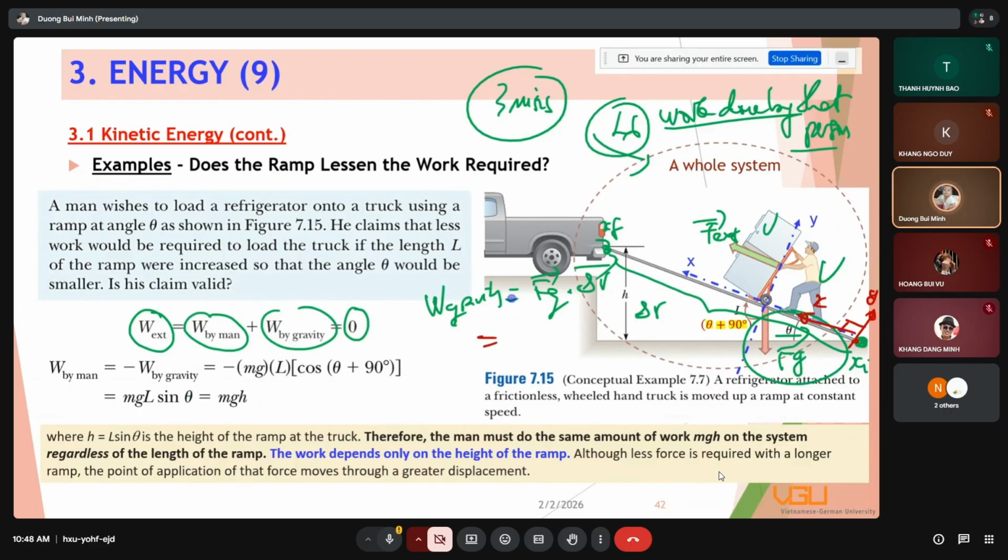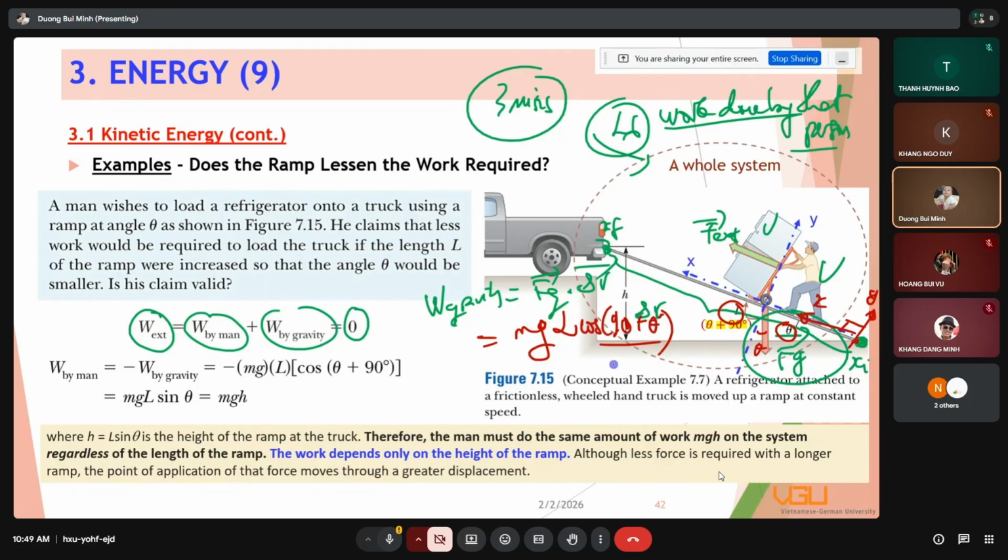So we can get this is Fg, and this is delta x. The magnitude of Fg is mg, and the magnitude of delta r is L. The phase angle between delta r and Fg: this one is 90 degrees and this one is theta, so you get cosine of 90 plus theta.